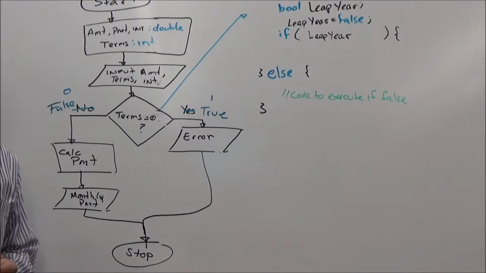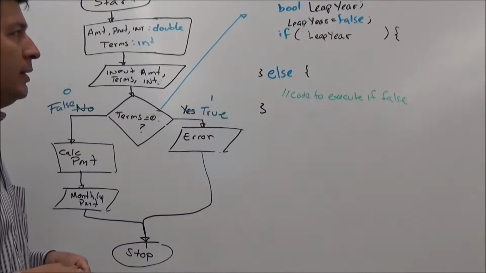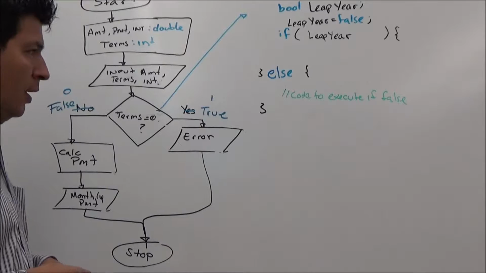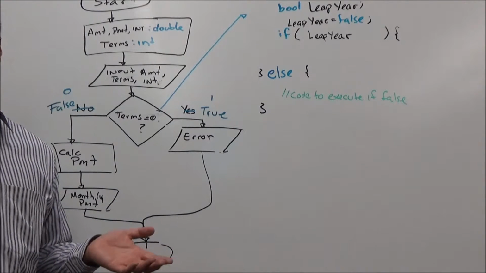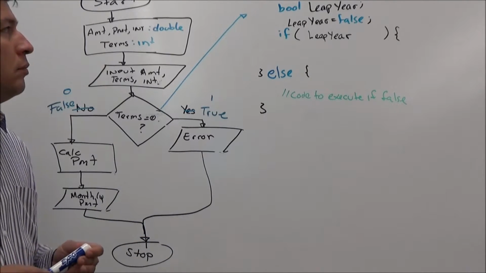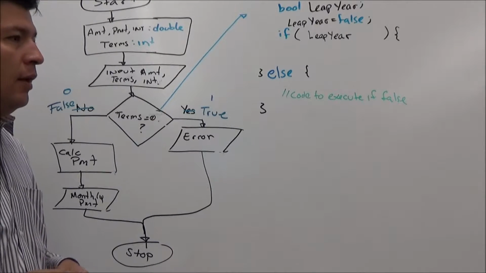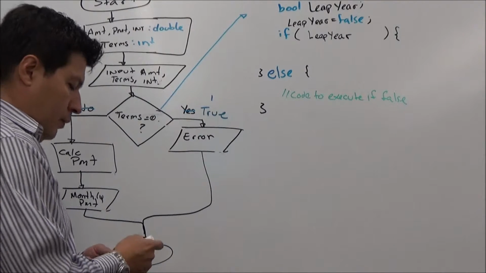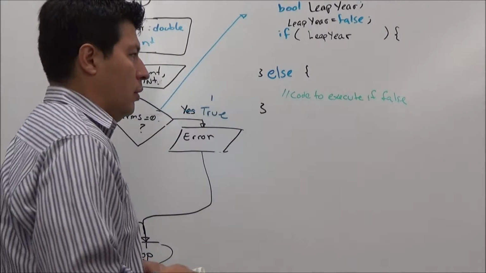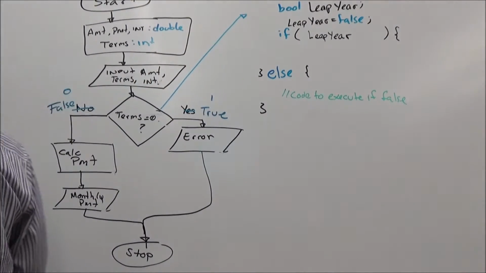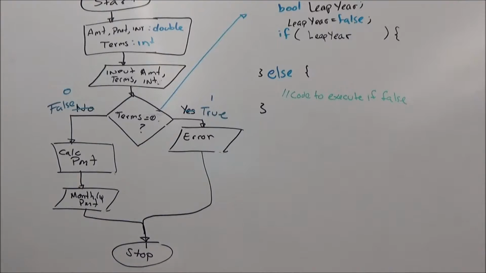If I'm going to perform a test, I need to compare two things. And in order to compare two things, I need a logical operator. So there's a list of logical operators.